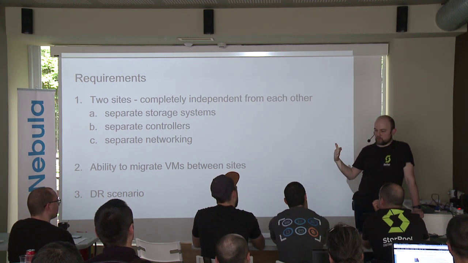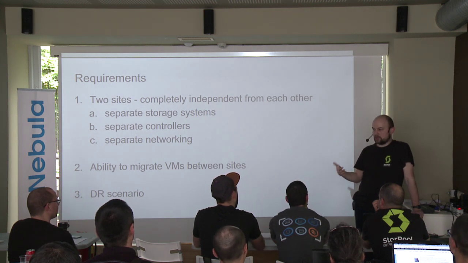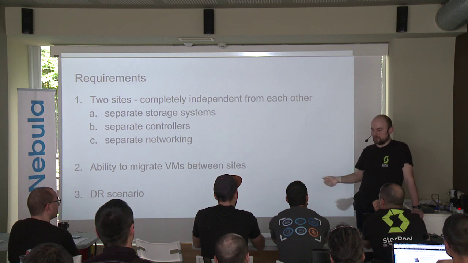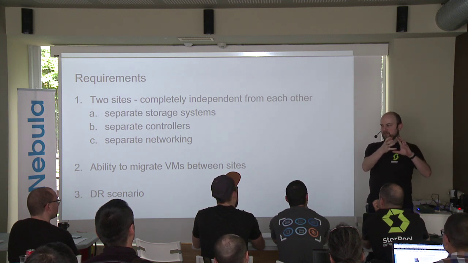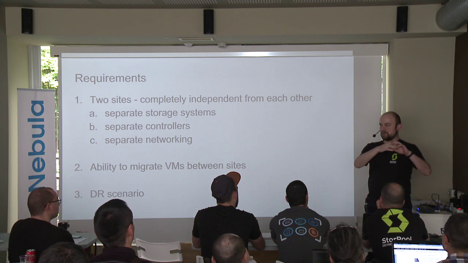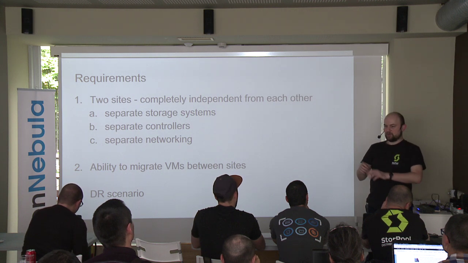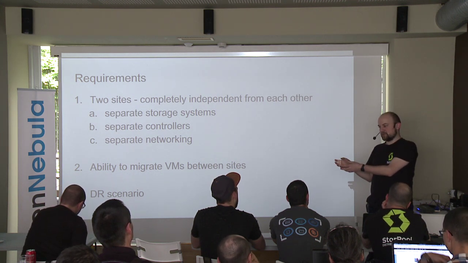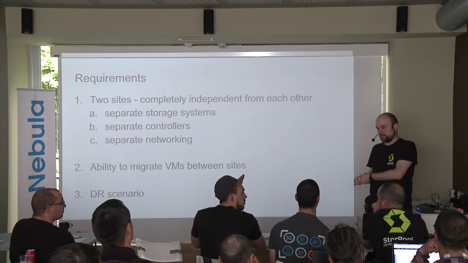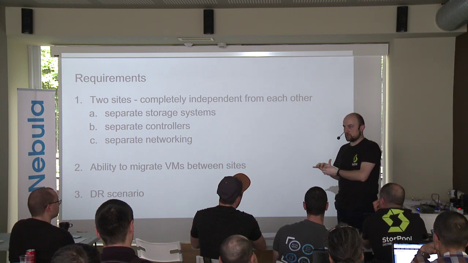That kind of setup requires a storage system that is visible on both sides. So you have one controller with the master MySQL database and one set of hypervisors with access to a shared storage system, then a second controller with a slave MySQL database and a second set of hypervisors, which also needs access to it. With these requirements, this cannot be two sites, right?